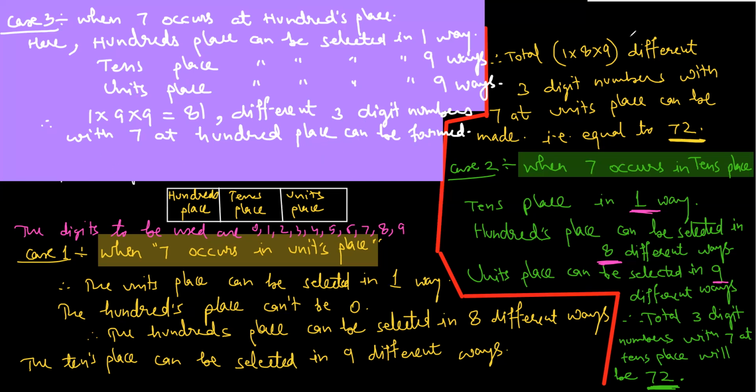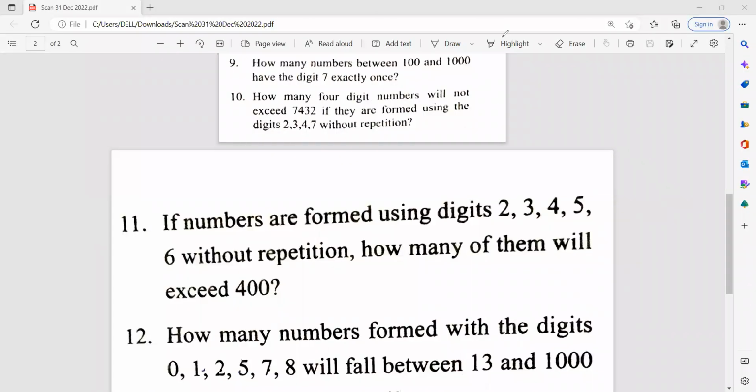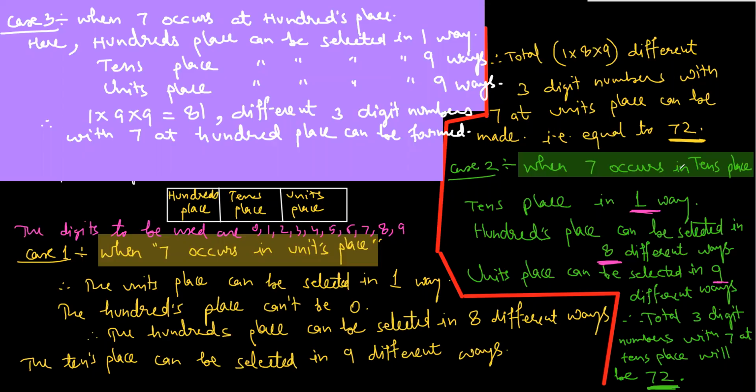I'm not writing it, you will have to write that. That's the final statement you will have to write looking at the question. See what the question was. The question was how many numbers between 100 and 1000 have digit 7 exactly once. So you will write 72 plus 72 plus 81, that is equal to 225 numbers between 100 and 1000 having 7 exactly once.